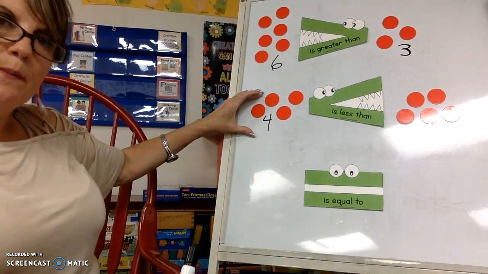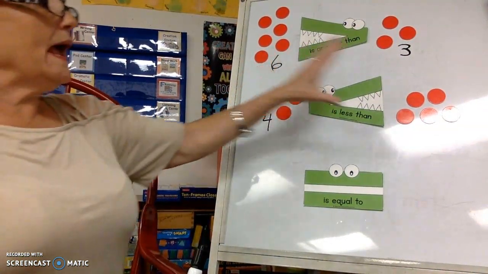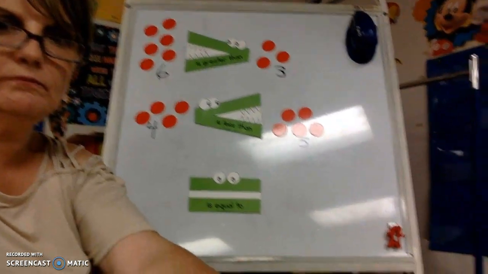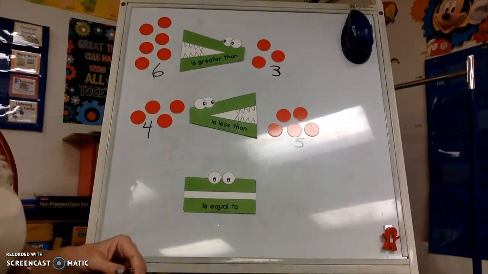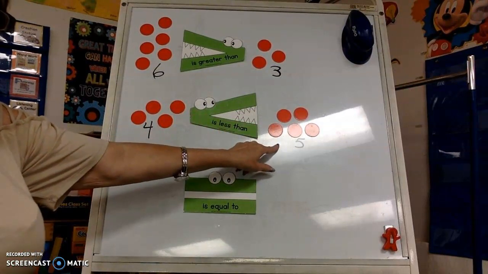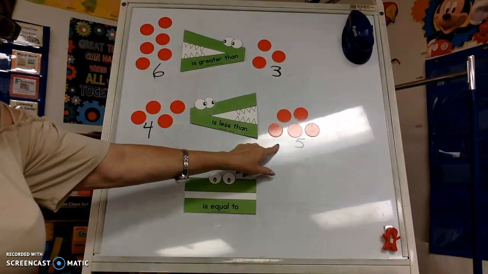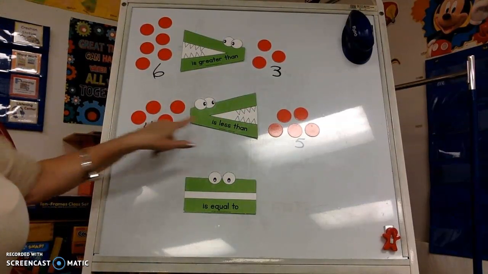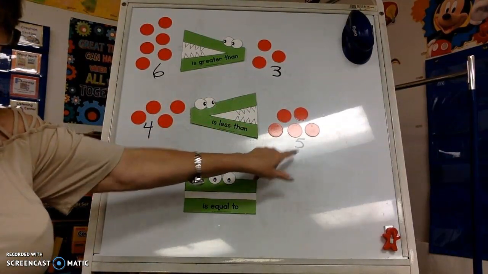The smaller number is on this side, and the bigger number is over here on the other side. He is now chomping the bigger number over here because it has been turned around. So 4 is less than 5.